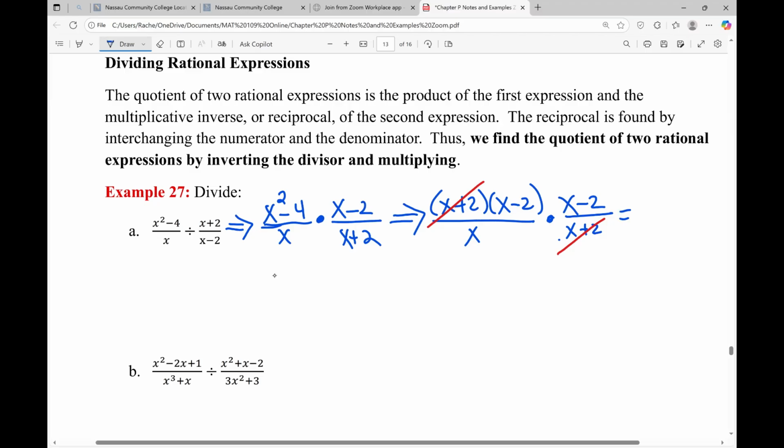So what I'm going to have here is x minus 2 times x minus 2 over x, and we could write that as x minus 2 squared, over x.